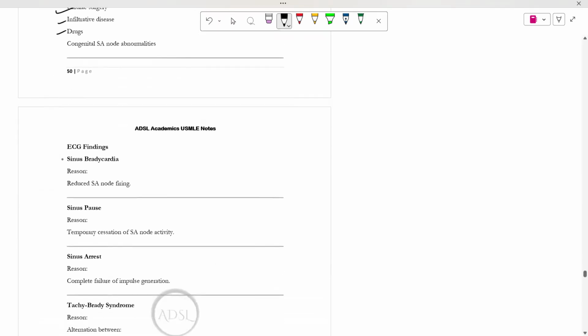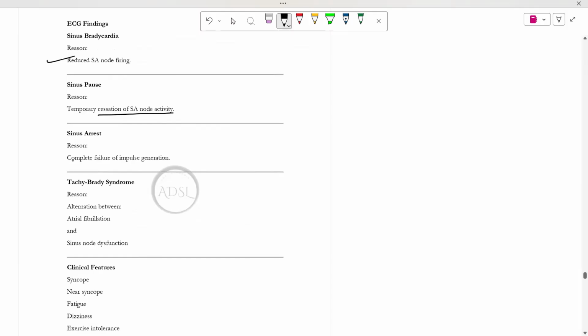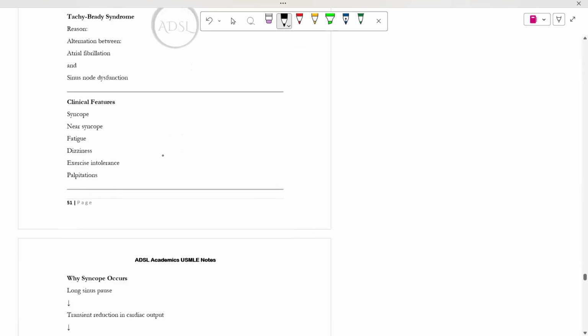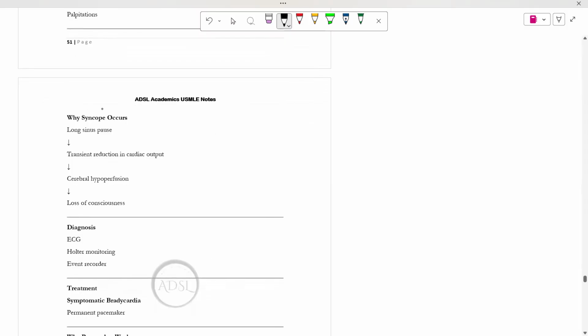So there is reduced SA node firing and sometimes temporary or permanent cessation of the sinus. Sometimes there is an alternation between tachycardia and bradycardia. Now, this usually presents with syncope or dizziness.